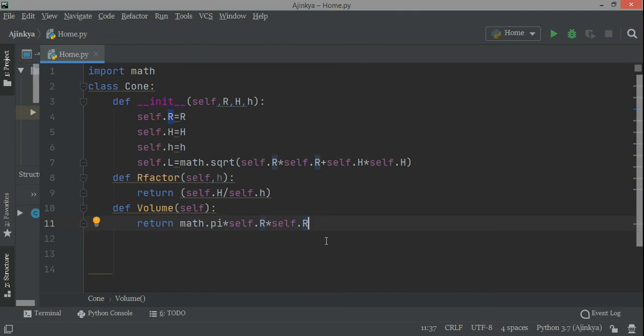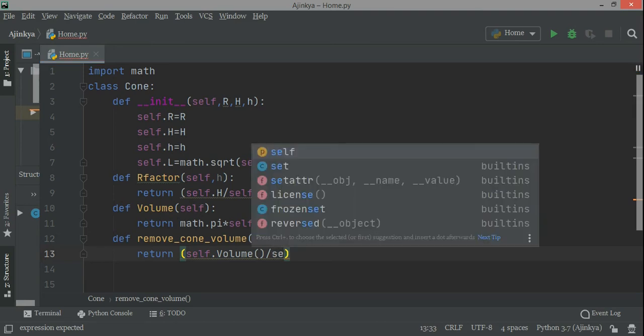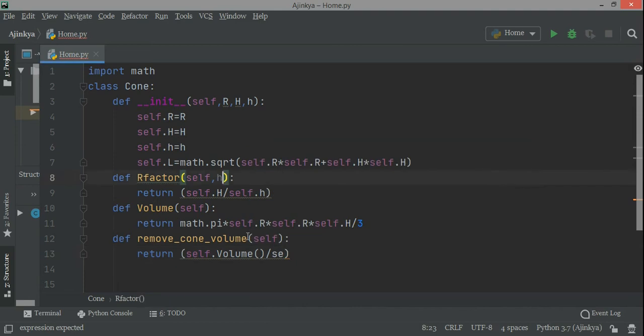So now I want this function remove cone. Since you know that the ratio between these two volumes, the original volume and this volume, is V upon the 3 times the scale factor, means k cube. So I write self dot volume, I'll call this function, and its value will be divided by self dot r factor, and this r factor is actually your k, multiplied 3 times.